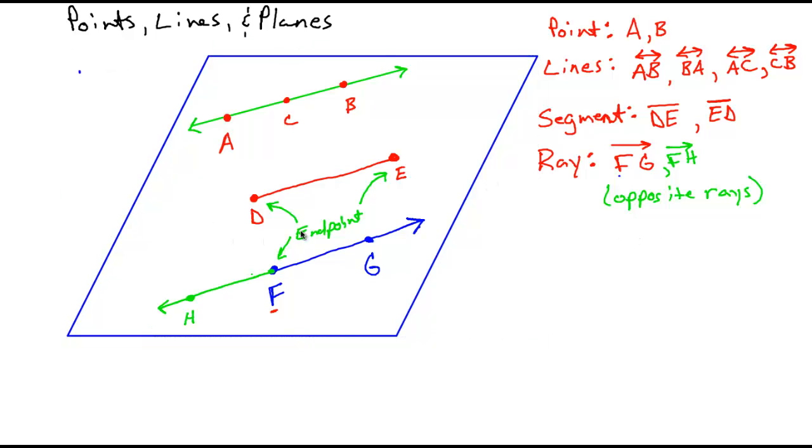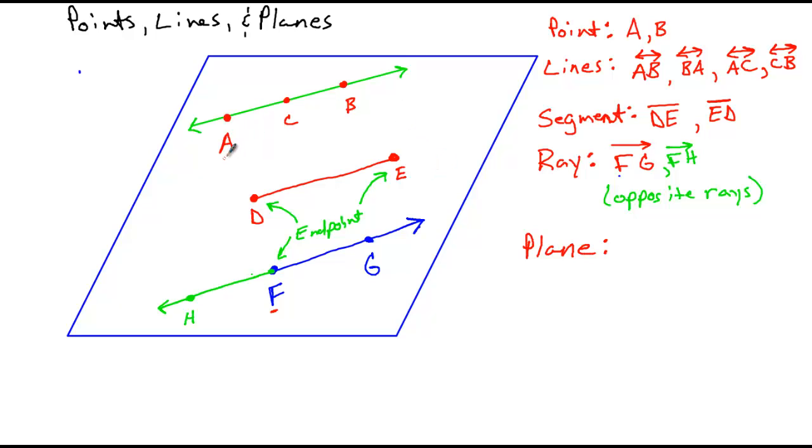Everything that we draw inside the plane is considered to be in the plane. Now, there are several ways you'll see planes written. A plane can be named using any three non-collinear points. What does non-collinear mean? Using your context clues, non-collinear means not collinear, which means not in the same line.